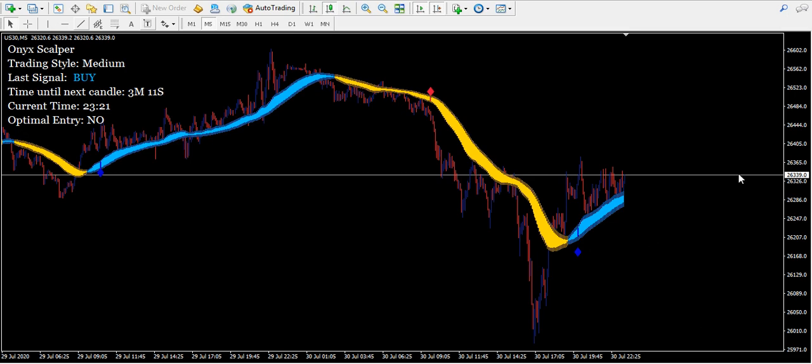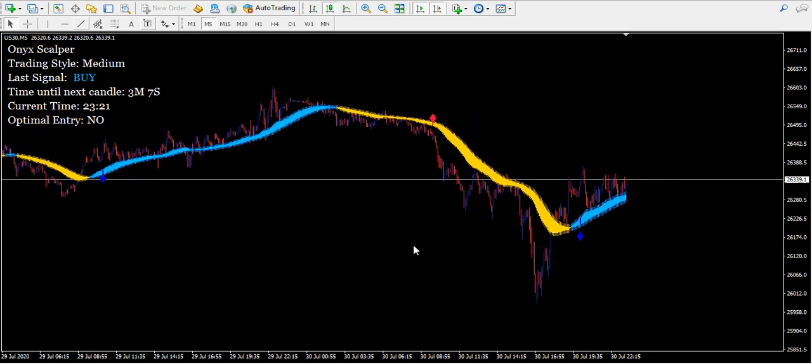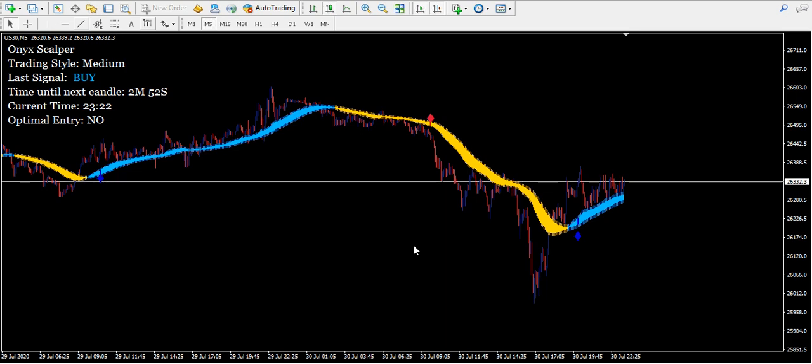Okay. So anyway, guys, let's just go into it a bit deeper. Oh yeah, like I said, the takeaway points is this is a scalping strategy. No need to wait a very long time to make money. You can trade anything. It's not just limited to the US30. You get a take profit entry price and a stop loss, which is very good. It helps you to manage your risk.